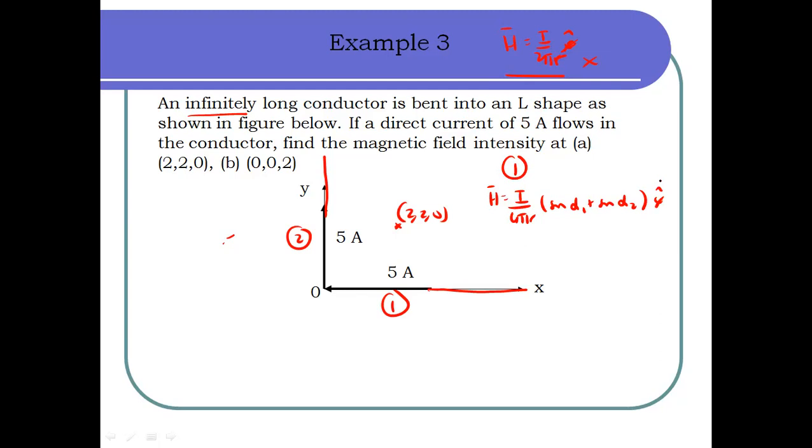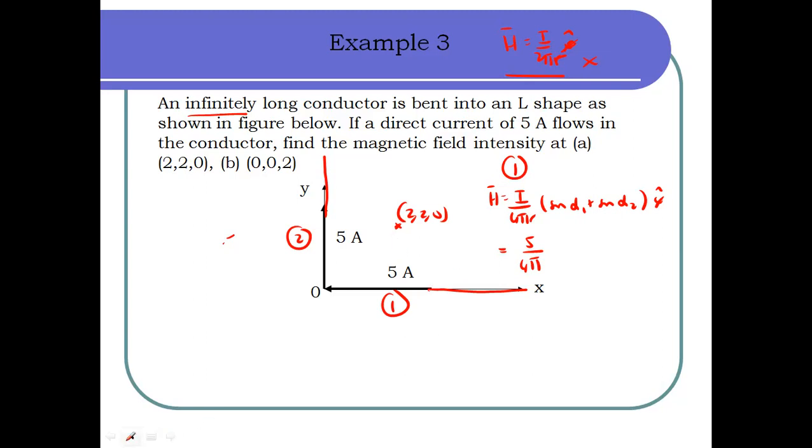We use this equation again because we are dealing with a finite length of filament current. So we have I, which is 5 ampere, divided by 4 pi r. R is the radial or perpendicular distance from the filament to the point of interest.